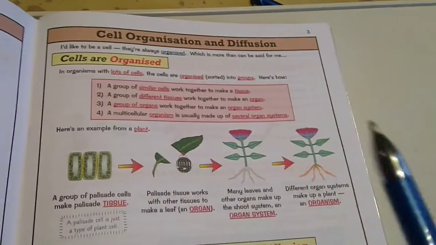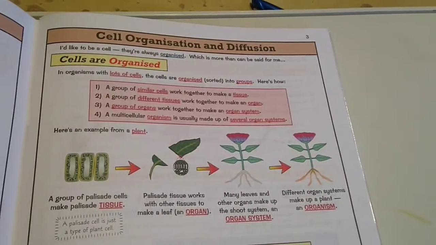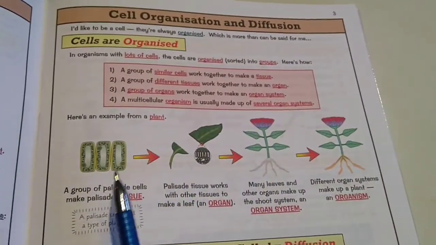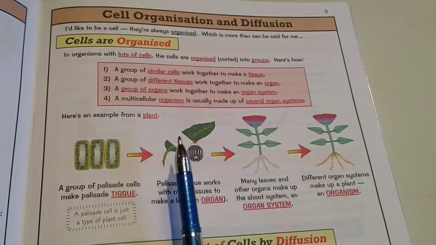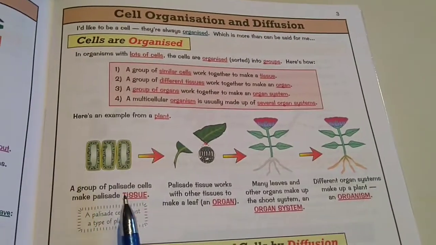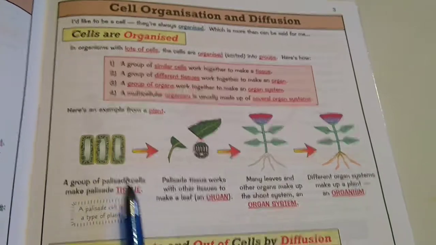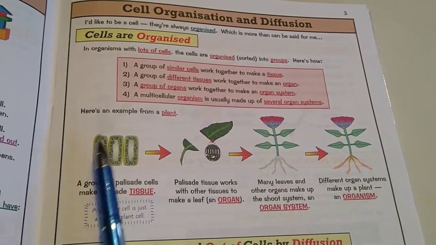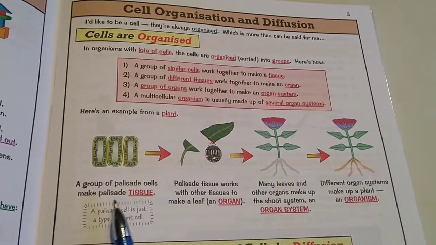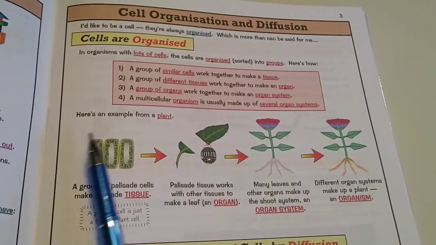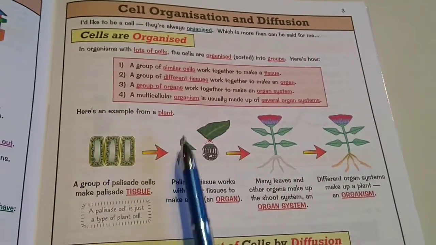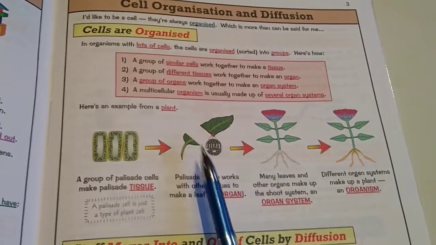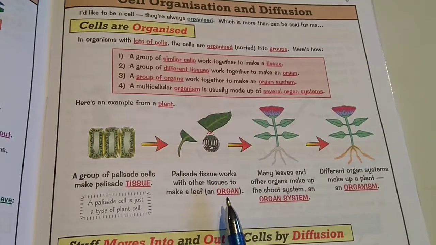So if you want to see the organization of cells in plants like in animals, you can see here that the cells which are present in the leaves are called palisade cells, and these individual cells join together to form a tissue called palisade tissue. And this palisade tissue, multiple palisade tissues join together to form the leaf, which is called the organ of the plant.